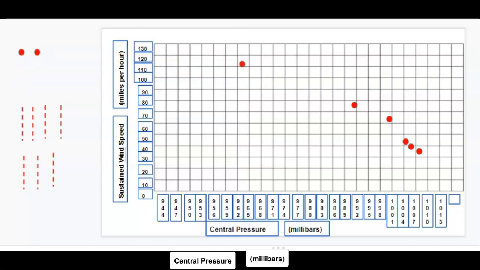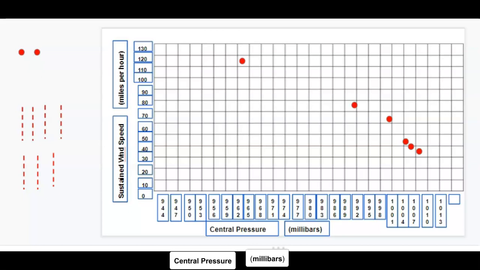Let's see how we look. Don't quite like that. So let's move it up a little further. Alright, so now we're in between, so that'd be 115, and we're a little to the right of 962 to represent 963.